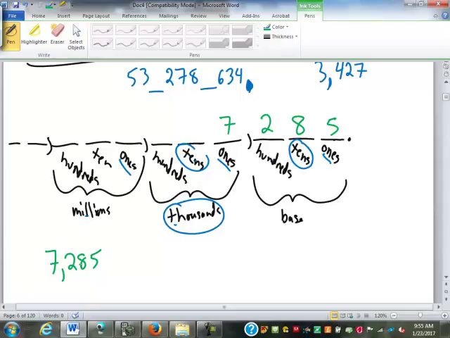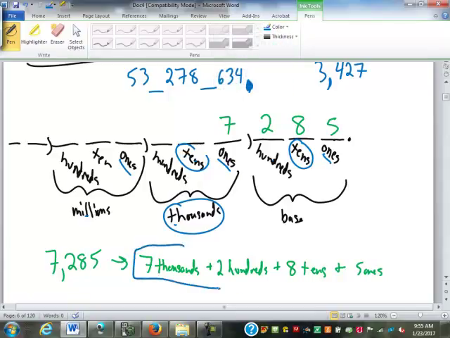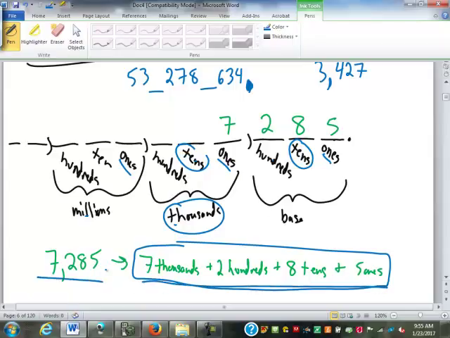The complete number would look like this. 7,000s and 200s and 8 10s and 5 1s. Some textbooks call this an expanded form of a number. Others call it the whole or the complete form of the number or full form of the number. Really, this is what all of that stands for, all this here.